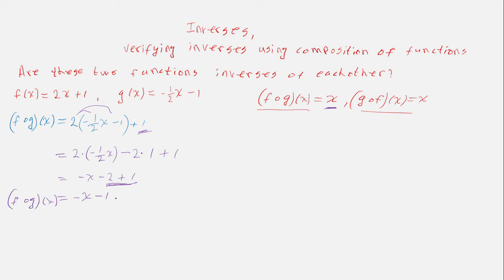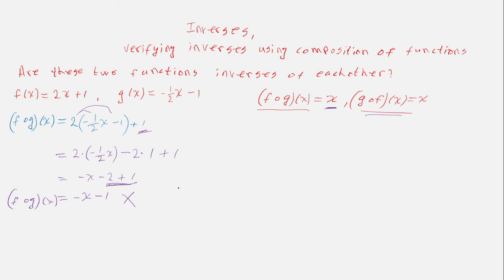It didn't give us x right there. Which means, if we are sure that we've done this work correctly, we can conclude that they are not inverses. We don't have to even check the other requirement, because as soon as one of them is not met, then they are not inverses of each other.